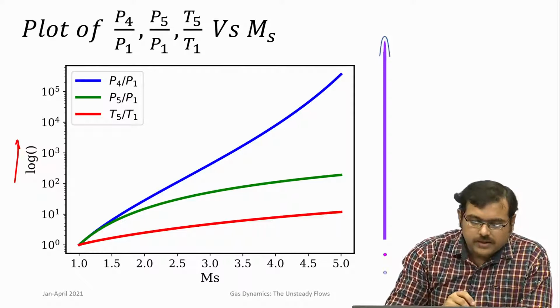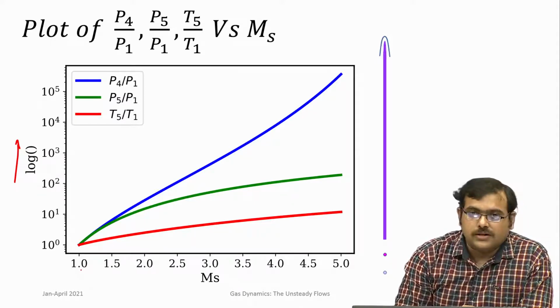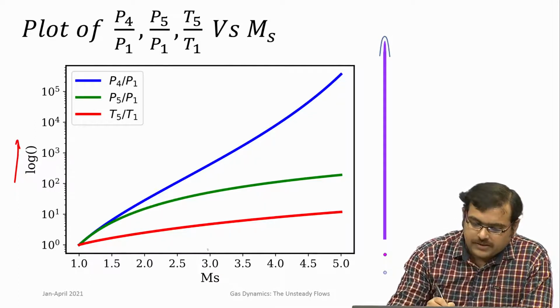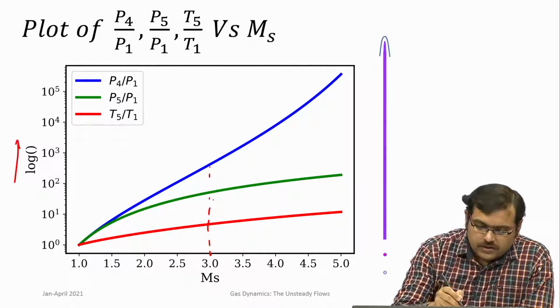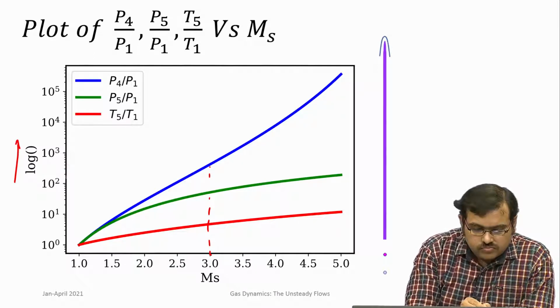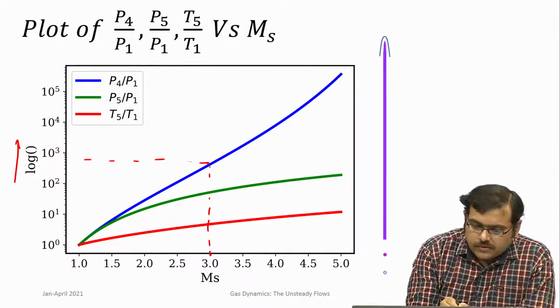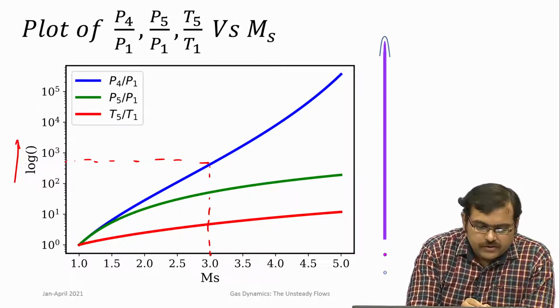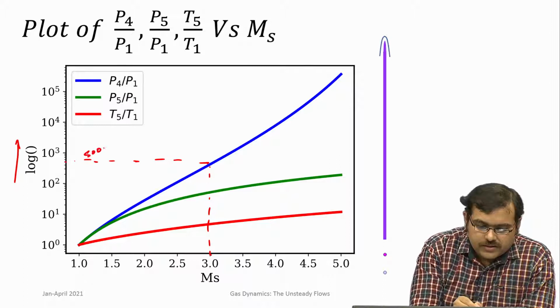So, if you see the Mach number has just risen from, of course, the shock is always supersonic, starting from just beyond Mach 1, even when you reach values of say Mach 3, the kind of pressure ratio that you have to provide to achieve that shock Mach number is around say 500 to 600 bar, or 600 times.